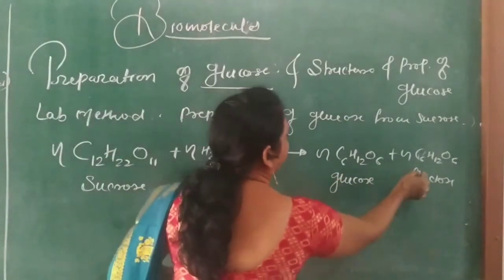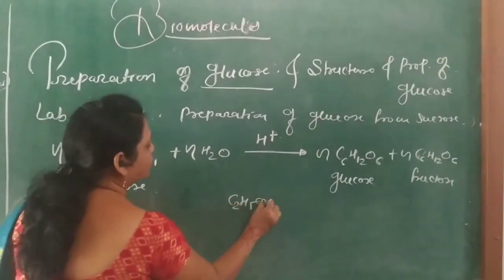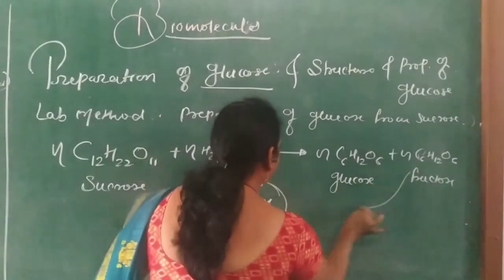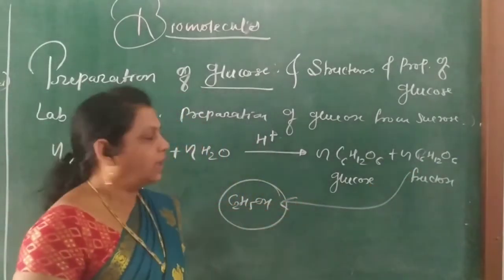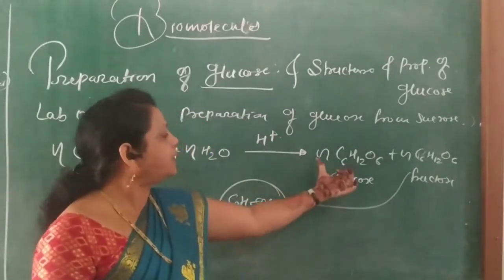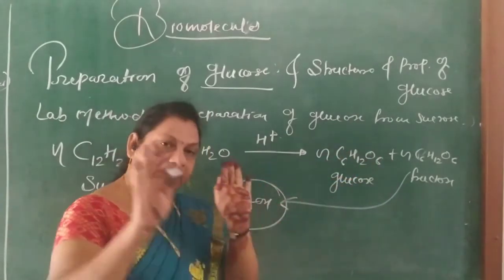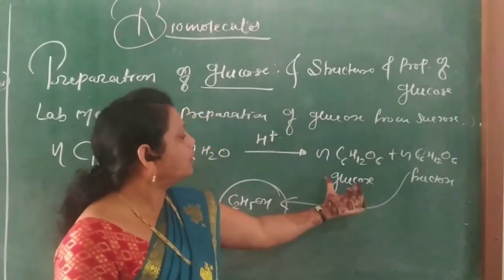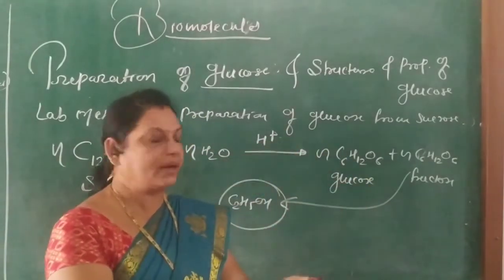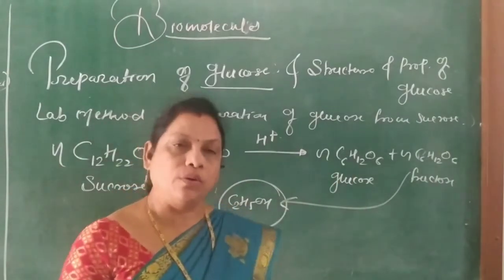Then after complete hydrolysis, it is treated with alcohol. Fructose is soluble in alcohol and glucose is insoluble in alcohol, and therefore it crystallizes out. After filtration, fructose remains in the filtrate, and glucose crystallizes and, on the paper after filtration, gives the crystals of glucose.